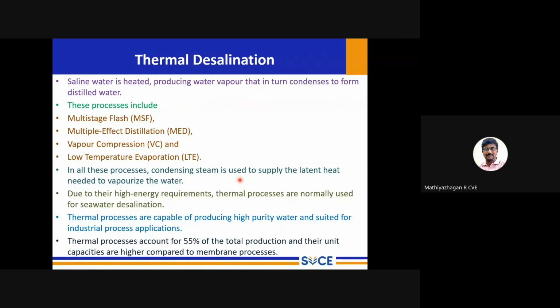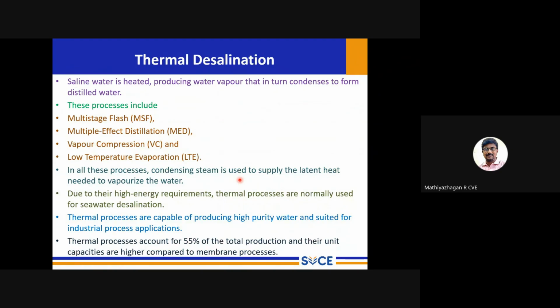A lot of techniques are available, like multi-stage flash, multiple effect distillation, vapor compression, and low temperature evaporation techniques to convert the seawater into distilled water.